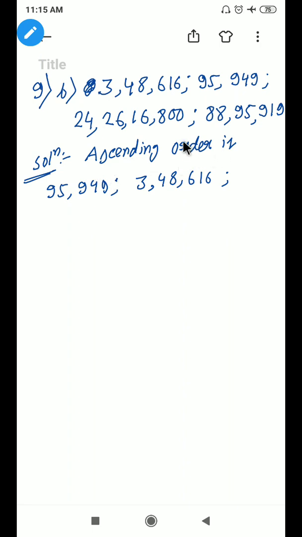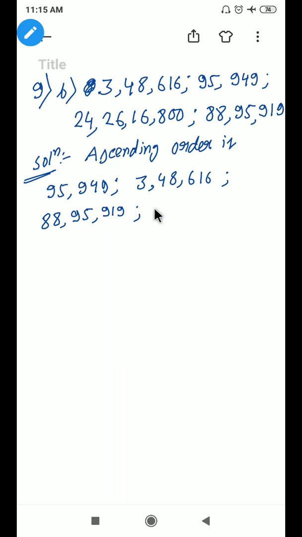Now the third smallest number is 88,95,919, because the other number is given here as 24 crore. So obviously lakh is smaller than crore, so you have to put 88,95,919 in the third position.